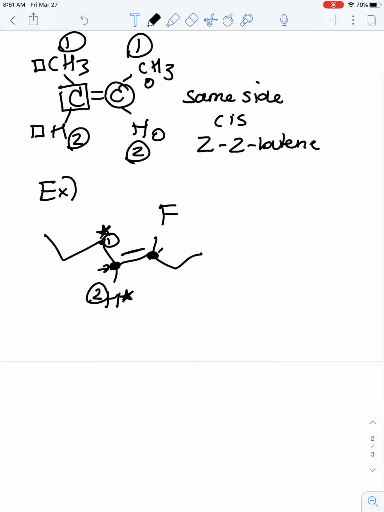When we look at this carbon right here, we have a fluorine, which is going to have higher priority than this CH2CH3 group. So the higher priority substituents are on the same side. They are cis to each other, so this would be the Z configuration.